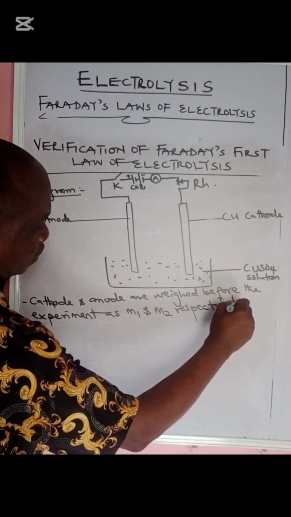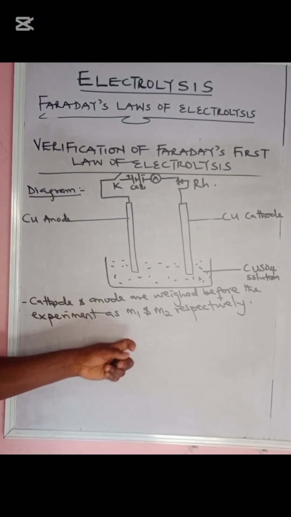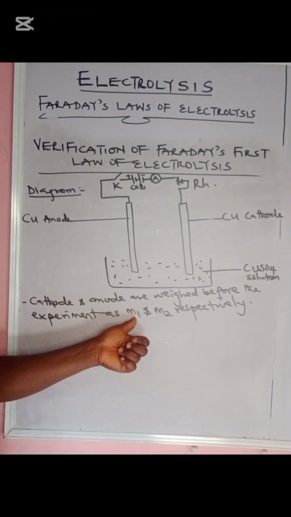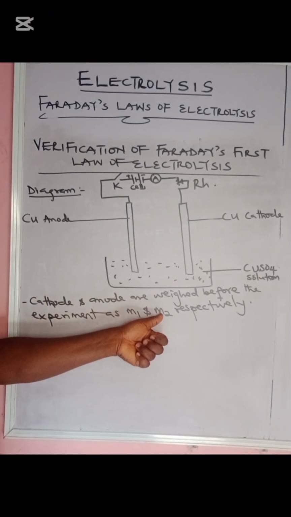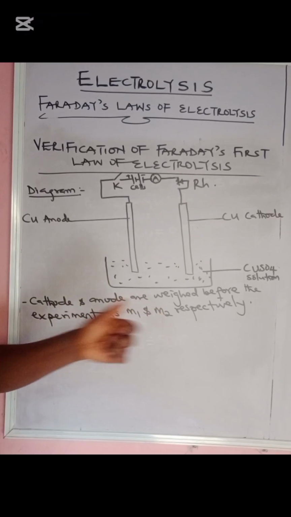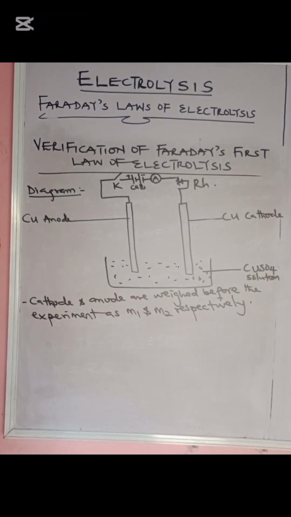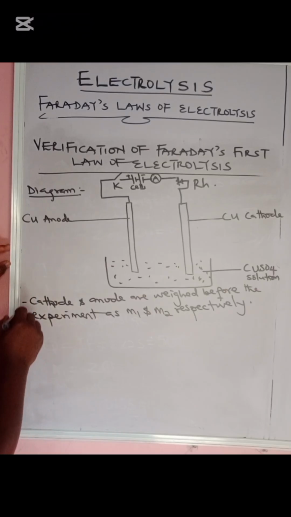So this is the mass of cathode before experiment, mass of anode before the experiment, that is before electrolysis. So immediately after that, the key is closed.